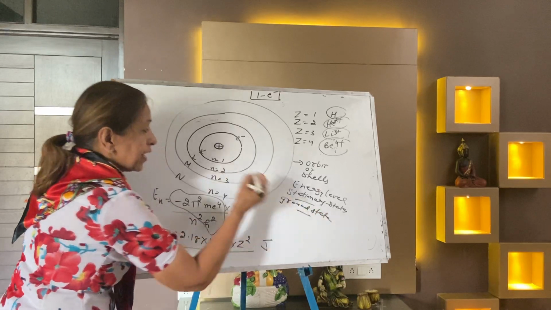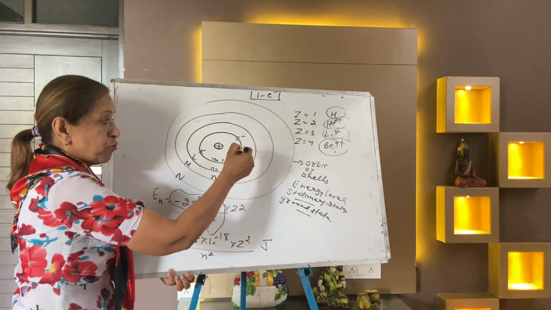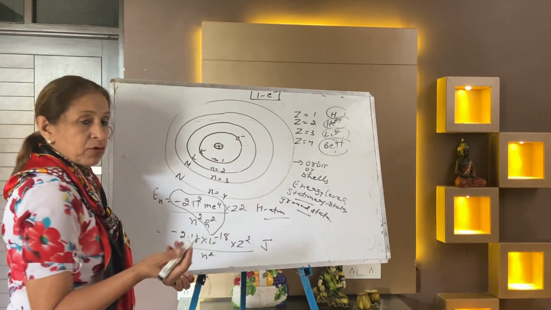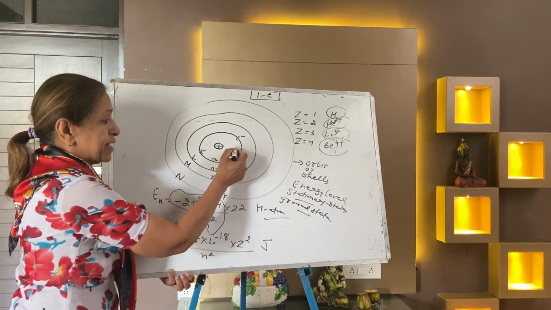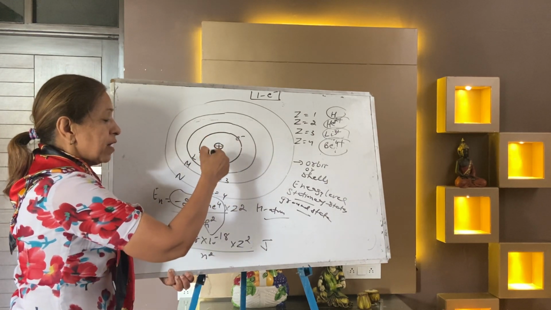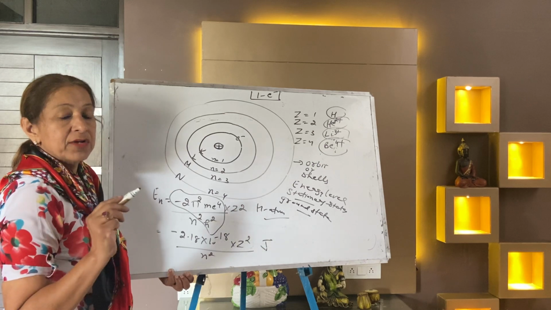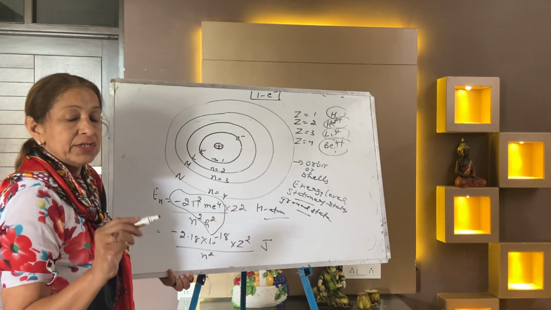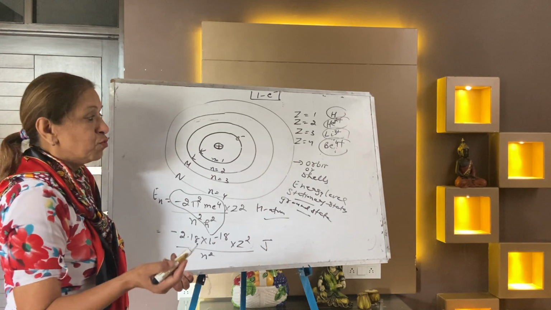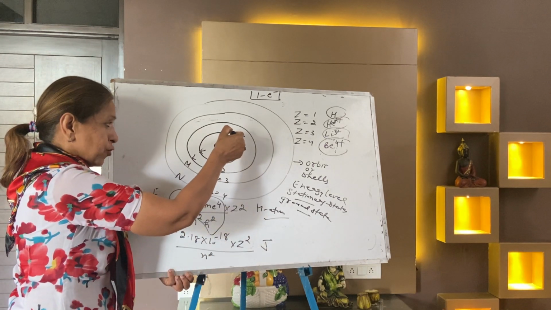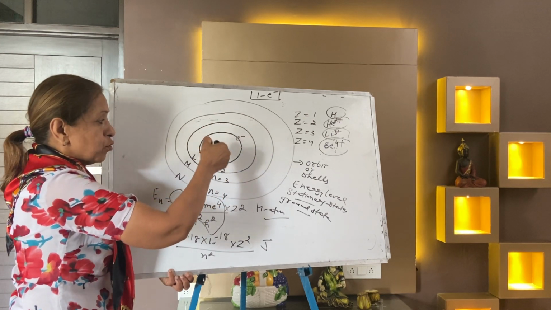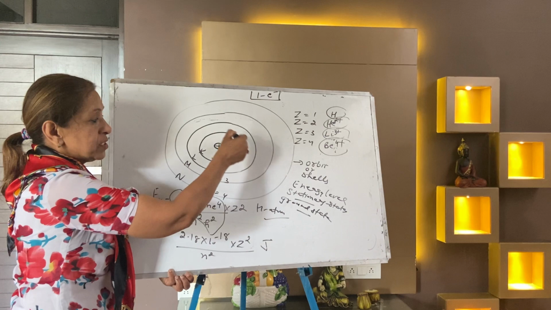Let this be the atomic model of the hydrogen atom. For a hydrogen atom, the electron is 1 and it is present in n equal to 1. As long as the electron is revolving in n equal to 1, it cannot lose energy, because energy can only be lost through continuous movement.